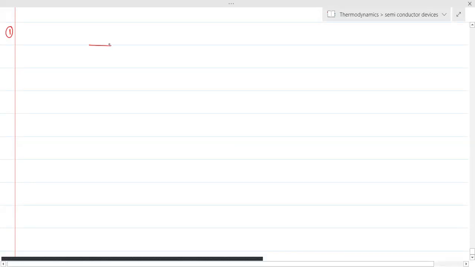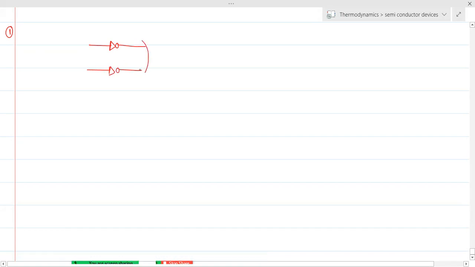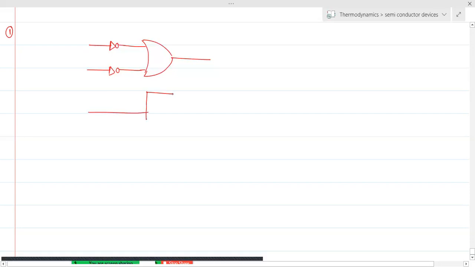Okay, so we are going to see some problems which appeared in previous exams. So first, the question is given like this. We have a NOT gate and we have a NOT gate. Both are connected to an OR gate. And we have another input also. We have an AND gate.